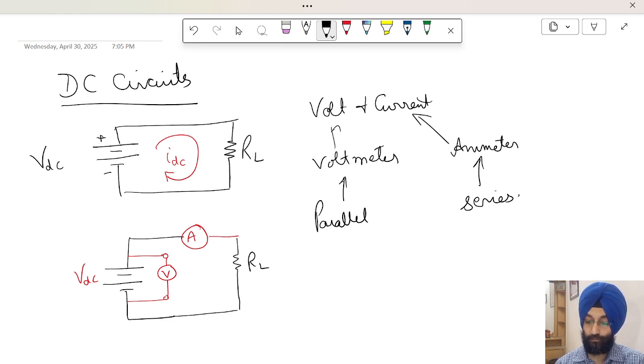So this is the load resistor. In order to measure voltage across this load resistor, we will be connecting this voltmeter in parallel. So this voltmeter 1 and voltmeter 2 will give us the value of voltages and the units of this voltage will be in volts. This ammeter will show us the value of current and the units will be amperes.